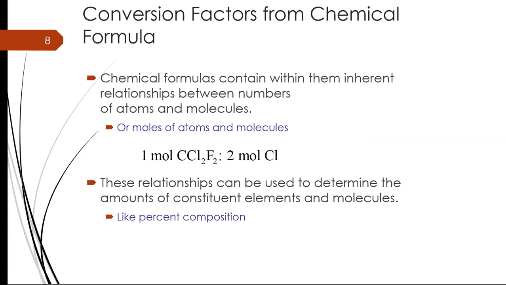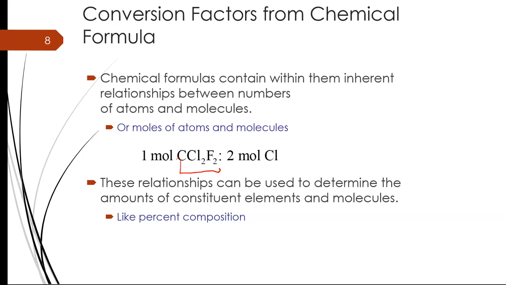Chemical formulas are innately the relationship between those atoms and molecules. And so for some of them, if we have CCl2F2, we know that 1 mole of that compound has 2 moles of chlorine atoms inside, because we can see the pieces inside of it. In the same way that if we had one team of basketball players, we would have 2 forwards, or 2 players that play forward traditionally on that team.